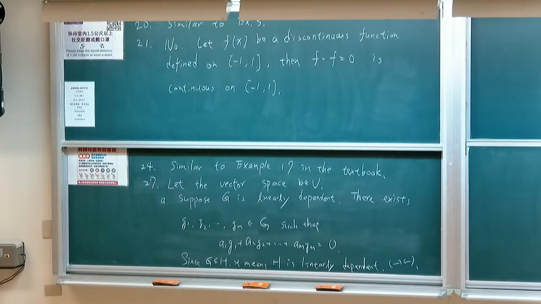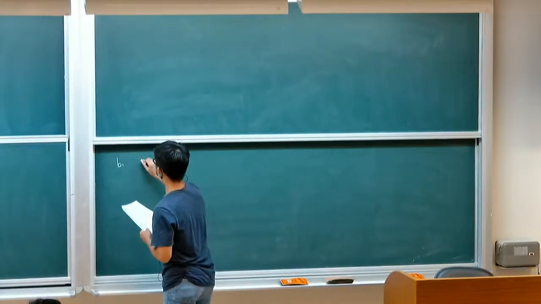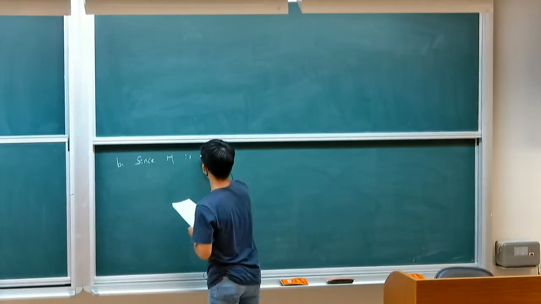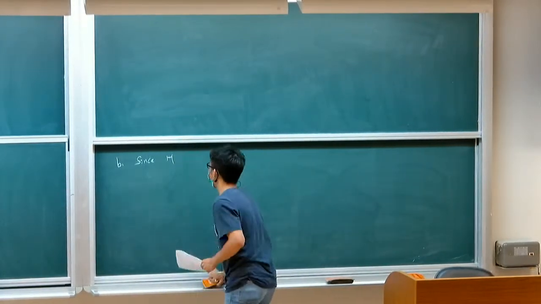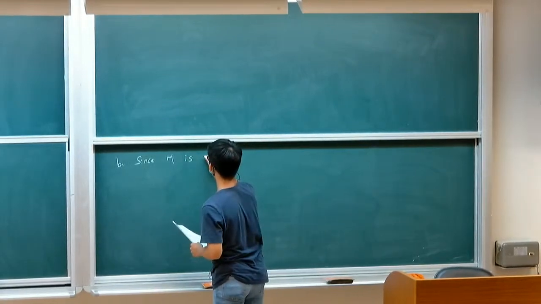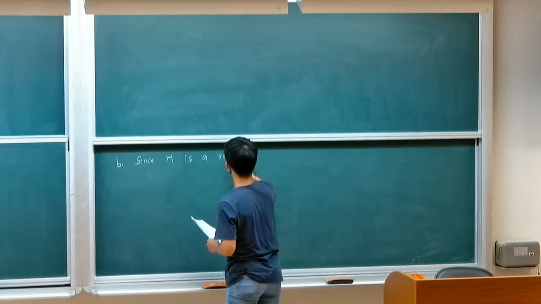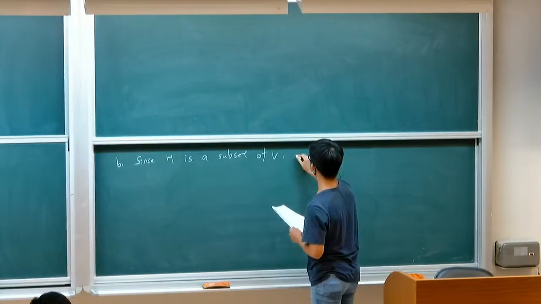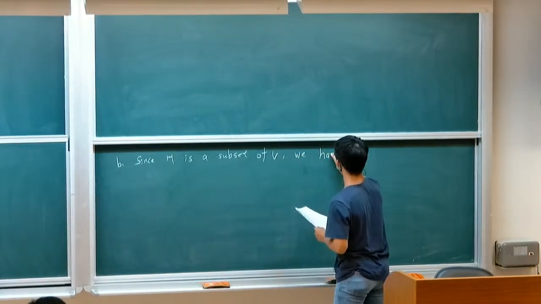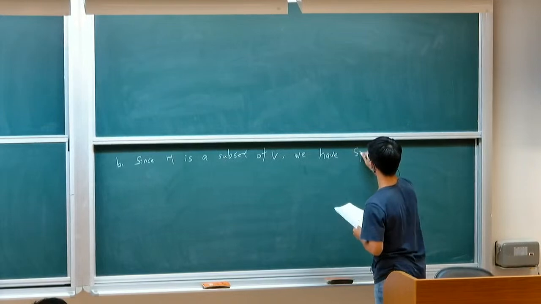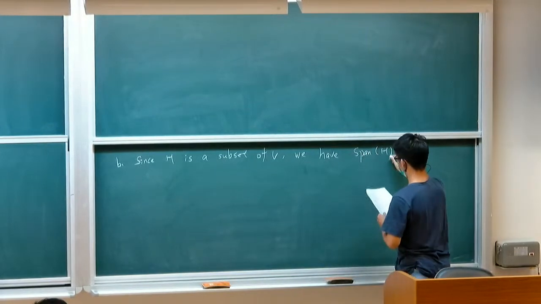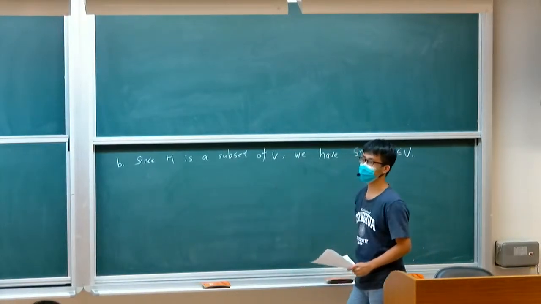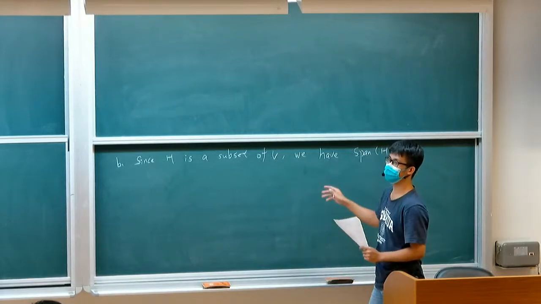Now for part B. Since H is a subset of V, we have span of H is inside V. We can conclude that because V is a vector space. If V is not a vector space, it's not generally right.